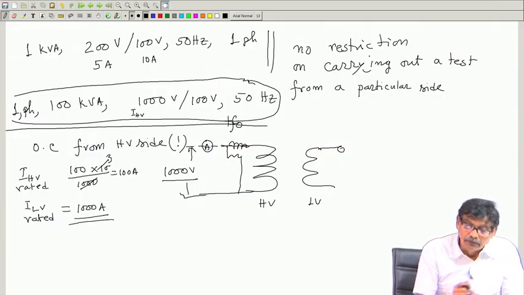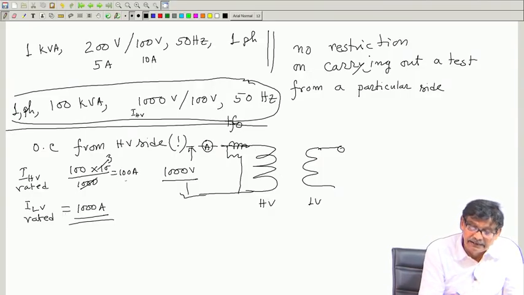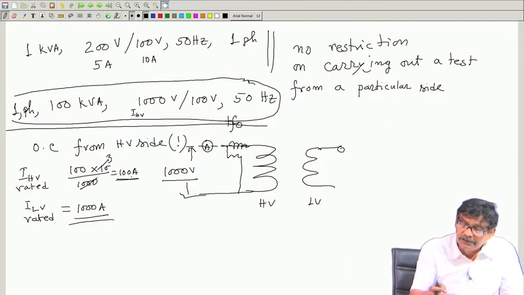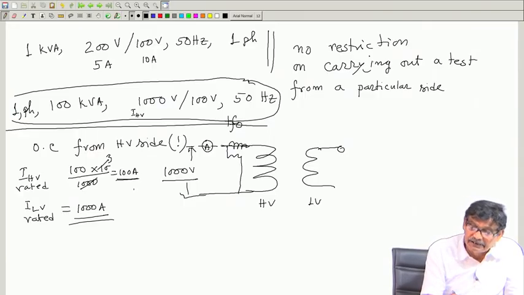Now, therefore, if I am trying to do the test from the HV side, IHV rated is this one. What will be the order of no load current? About say 5%. So, 5% of 100 ampere, into 0.05, is how much? 5 ampere.